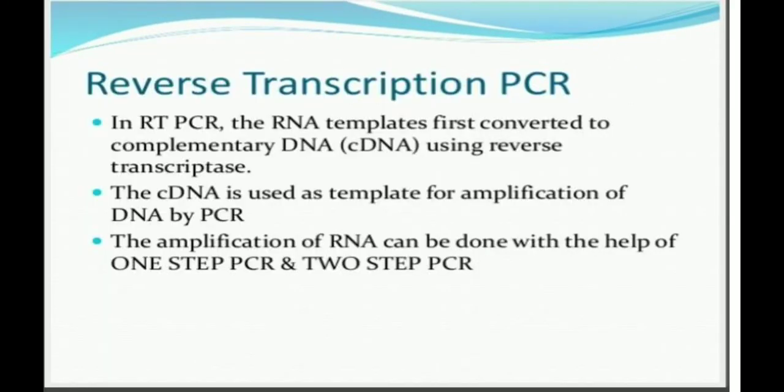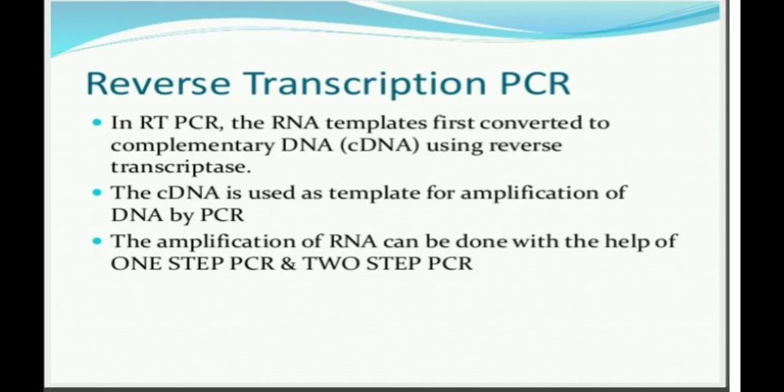Then the third method is reverse transcription PCR. In RT-PCR, RT means reverse transcription, the RNA template is first converted to complementary DNA, that is cDNA, and the conversion uses the reverse transcriptase enzyme.